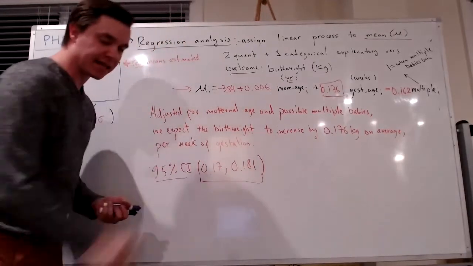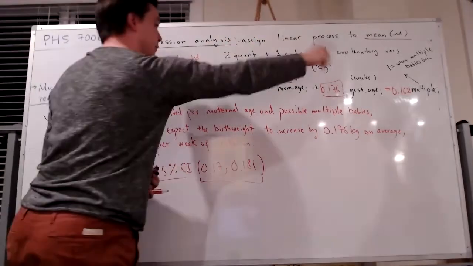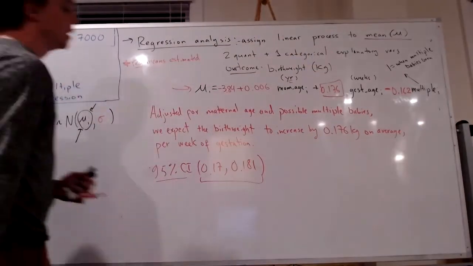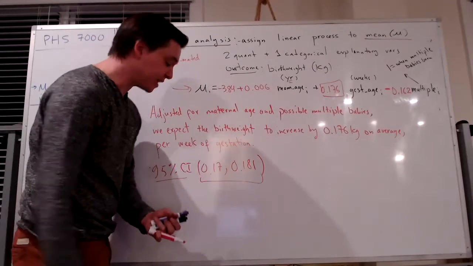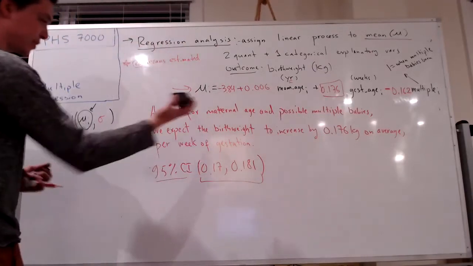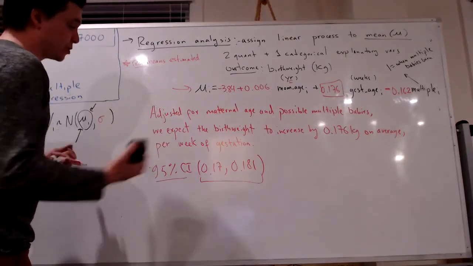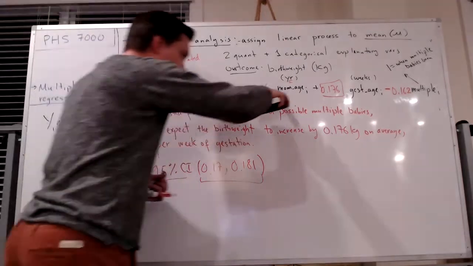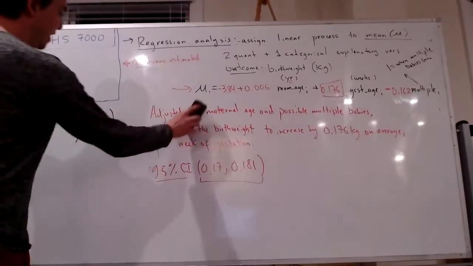But our sample size was 1,800, and we're just estimating 5 things. We shouldn't be too surprised that we're getting this precise of an estimate. So this gives us an idea of how much our baby's going to grow per week of gestational age, adjusted for maternal age, and whether we're having multiple babies.